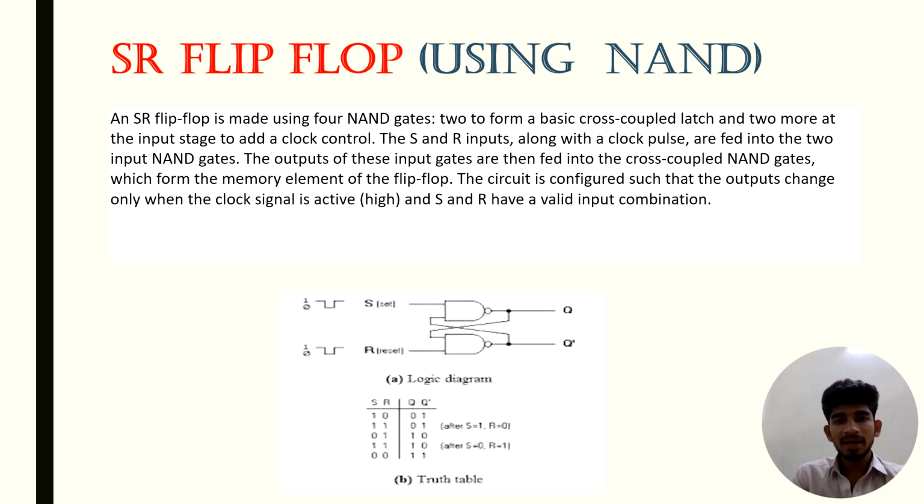Here, two NAND gates are cross-coupled, the inputs are S and R, and the outputs are Q and Q bar. This is the logic diagram for NAND gates. Now the truth table: SR is equal to 1 0, and Q and Q bar is 1 0, for 0 1 it is 1 1, for 0 1 it is 1 0, 1 1 gives 1 0, 0 0 gives 0 1 1.